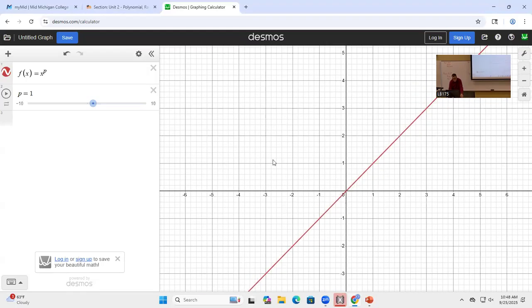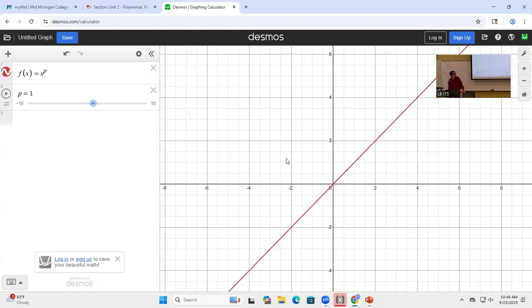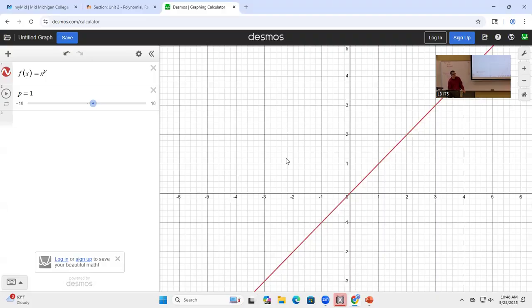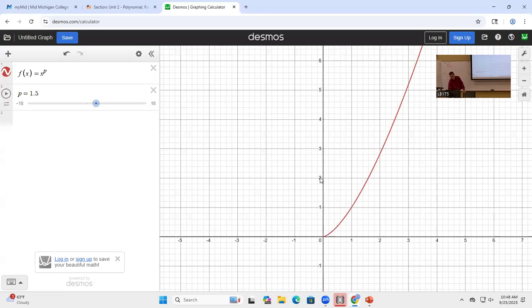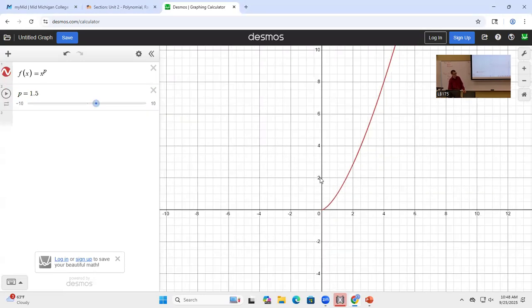If that power happens to be 1, we get a straight line. If that power happens to be 2, we get a parabola. We already knew that. What if that power happened to be 1.5? Then I get this weird shape.